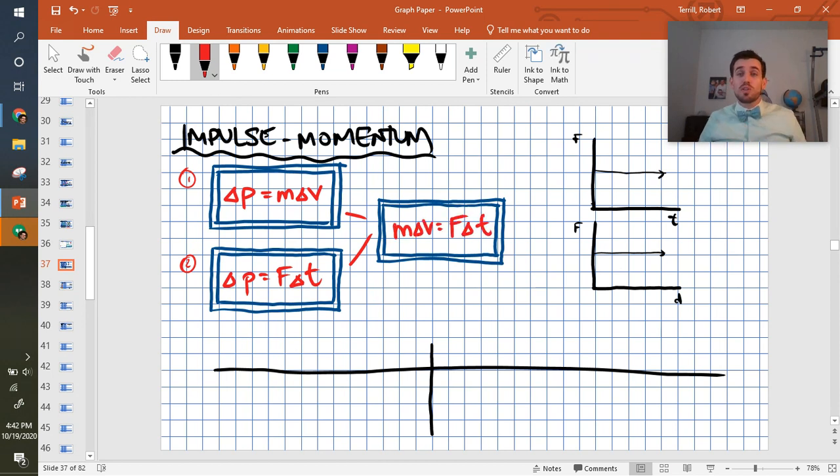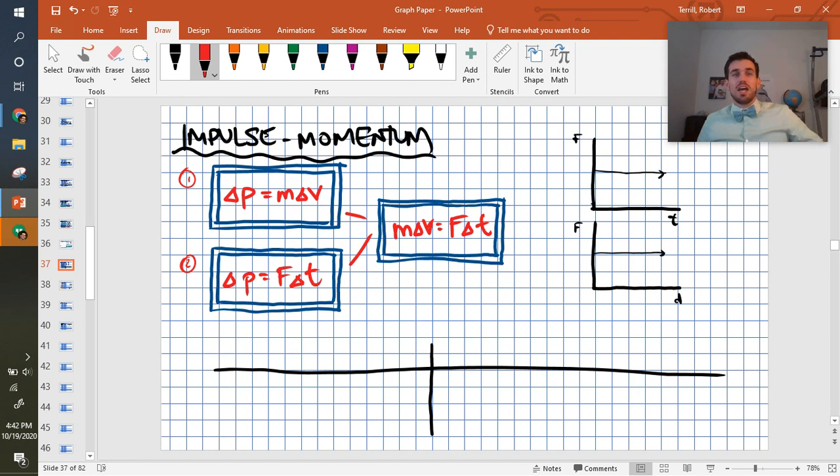But what's useful about this whole combined equation, and it's a very common equation that you'll be expected to use, is we can start looking at the relationship between four different variables. So one thing we could talk about is you have a really, really big truck. And if that big truck is moving, it's probably going to require a lot of force to stop, unless we wanted to spend a lot of time stopping it.